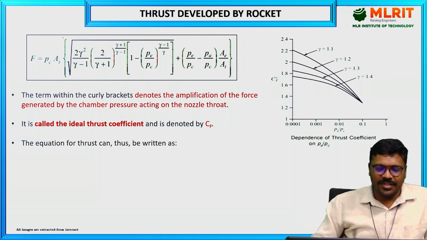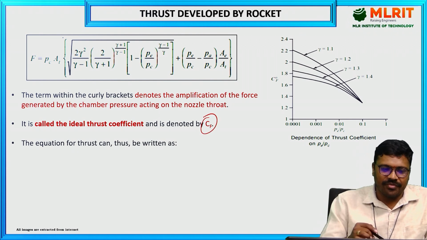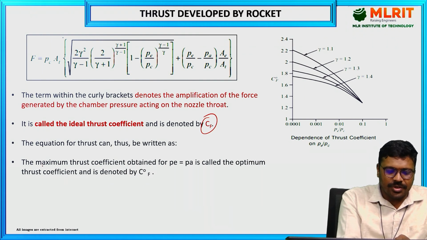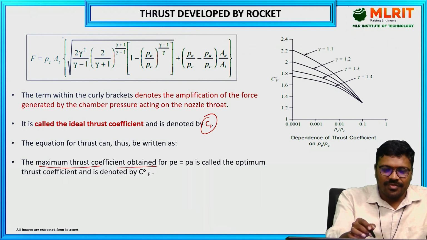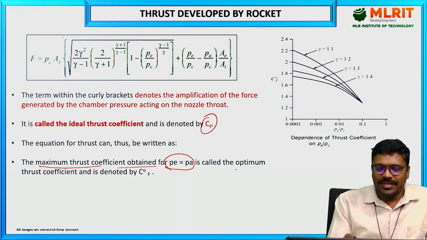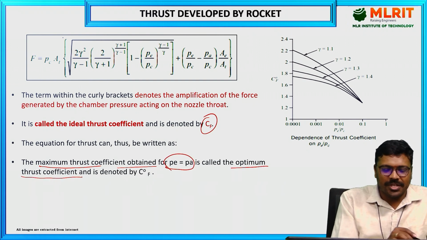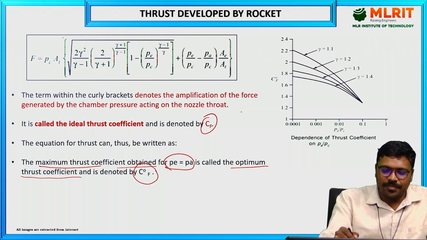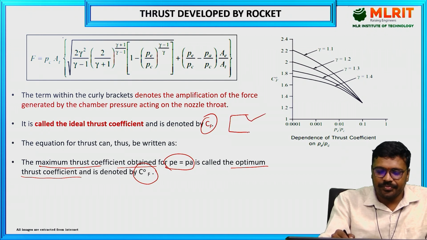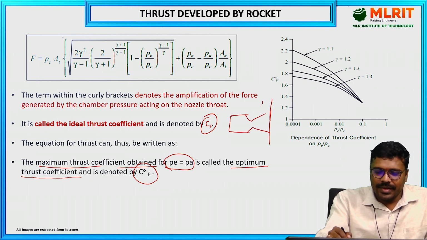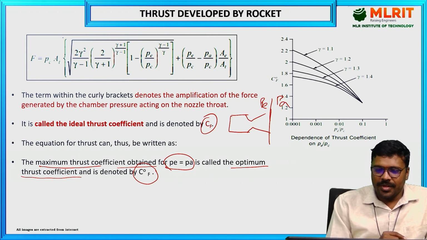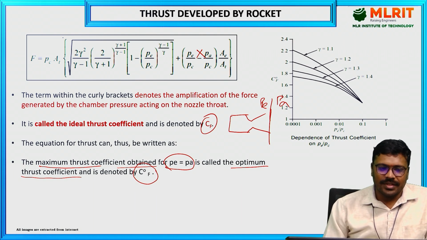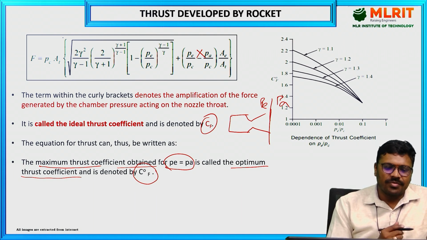Ideal thrust coefficient is denoted as CF. Next, the equation for the thrust can be rearranged by substituting this CF here. Then what we get is F is equal to CF into PcAt. The maximum thrust coefficient is obtained when Pe is equal to Pa, and that thrust coefficient is called the optimum thrust coefficient, with the symbol CF naught. So for the rocket nozzle, with exit pressure Pe and ambient pressure Pa, if Pe is equal to Pa, then this term will become 0 and the thrust will be maximum.